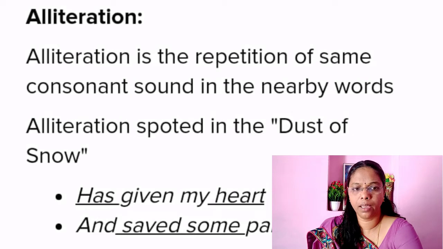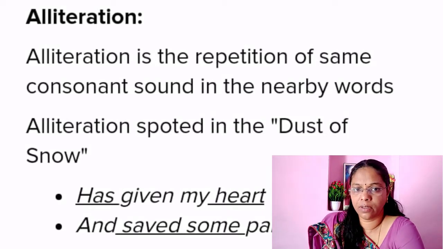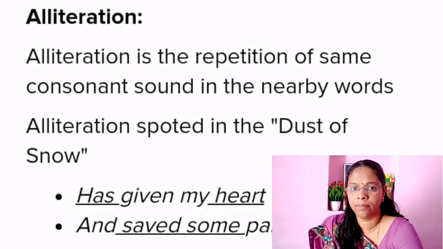H in "has" and H in "heart." Except A, E, I, O, U, which are vowel sounds, the rest of the letters are consonants. So H is repeating in the same line, in "has" and "heart." We call it alliteration, the poetic device used in this line.